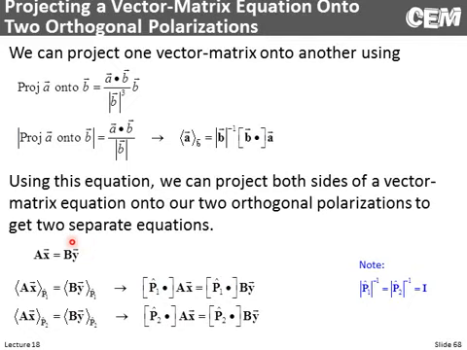So suppose we have a vector matrix equation of this form. So x and y are both block matrix column vectors, where each matrix element of those is a square matrix, and then big ugly square matrices A and B. Well, we can take this equation and we can project both sides onto vector P1.